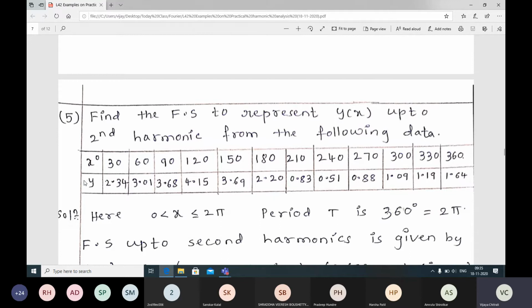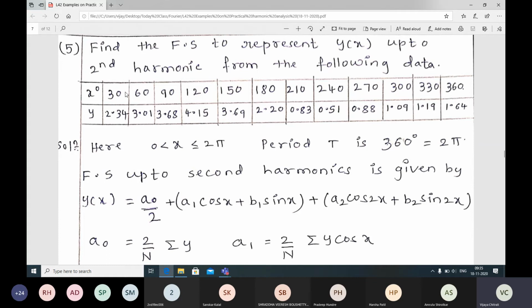Values of x are 30, 60, 90, 120, 150, 180, 210, 240, 270, 300, 330, 360, and values of y are 2.34, 3.01, 3.68, 4.15, 3.69, 2.20, 0.83, 0.51, 0.88, 1.09, 1.19, 1.64.